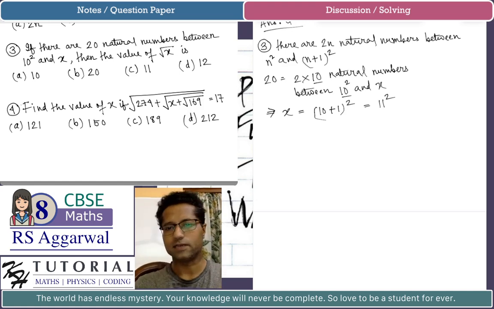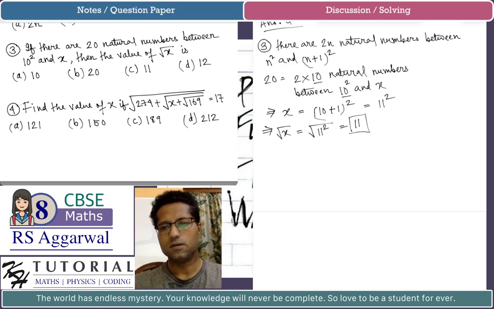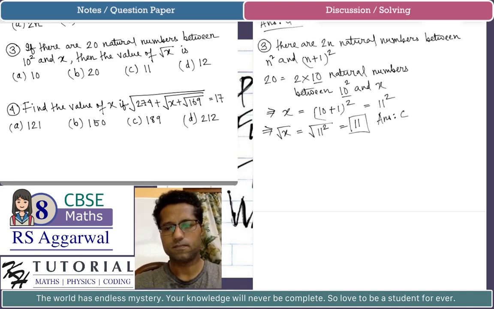So definitely x has to be 11 square. So this implies x is 11 square. So this implies root x will be equal to root of 11 square, which is nothing but 11. So the answer is choice C.